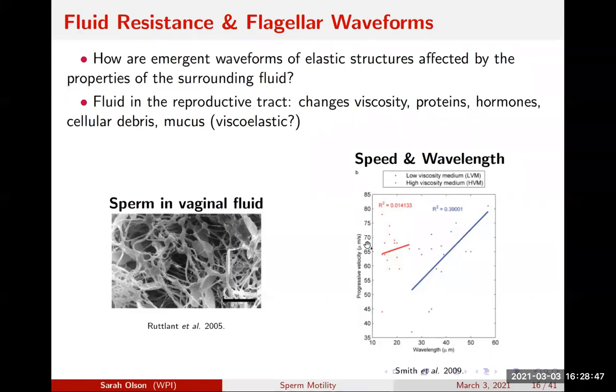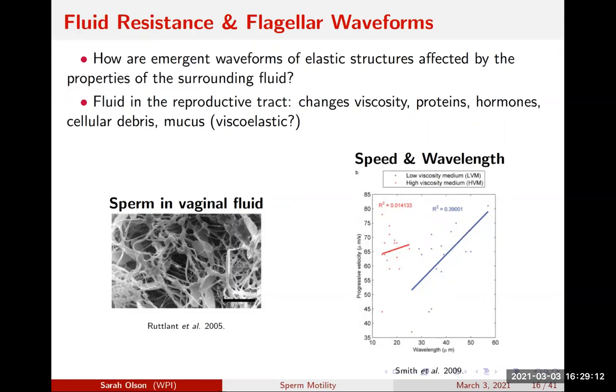Beautiful work by Smith et al. on how the wavelength or the velocity of these swimmers changes in these low or high viscosity mediums or gels. Sperm and vaginal fluid. This is always a beautiful picture, with the bull sperm head behind here. There's this dense network of proteins that the sperm is actually trying to navigate through.